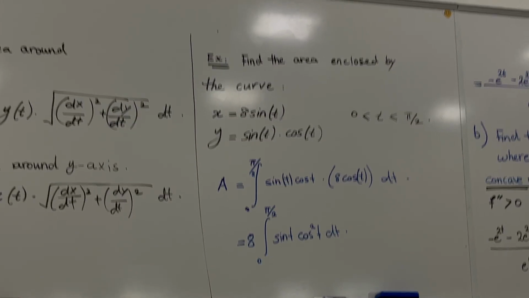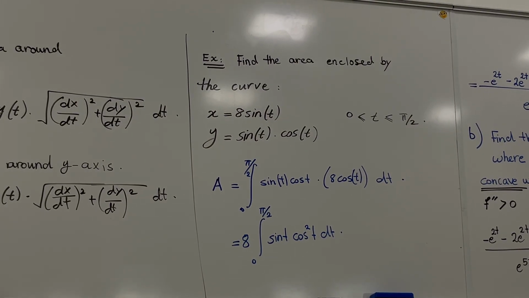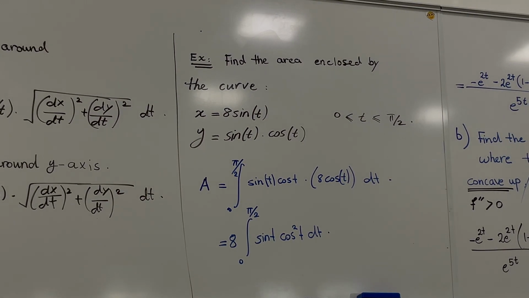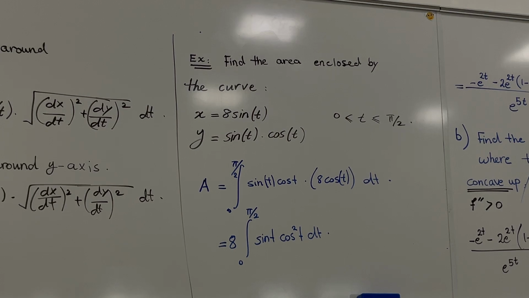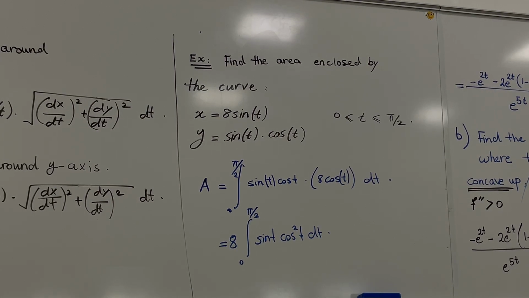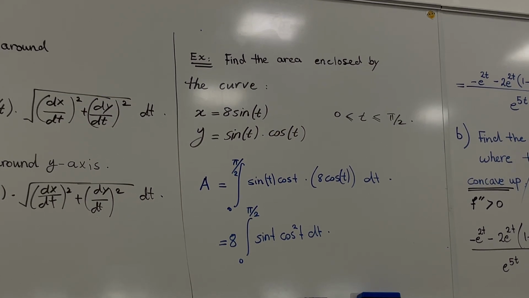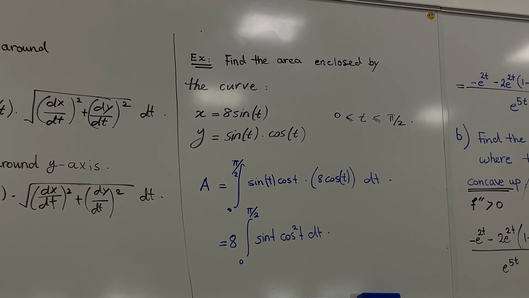Use something easy, cos 2t plus 1 over 2. You know what? Figure it out. Oh, Yusuf. Substitution. Yusuf.